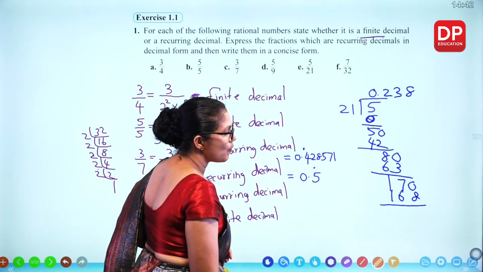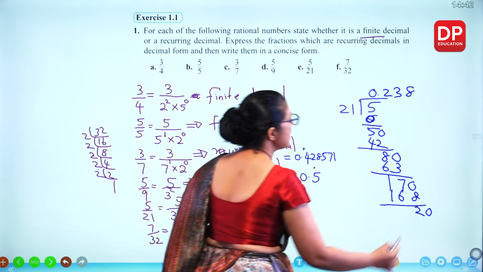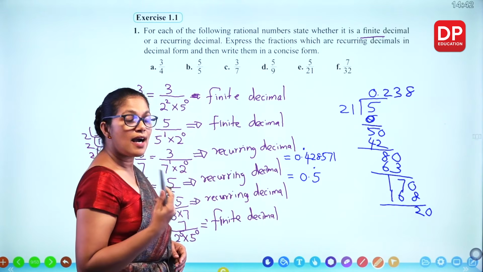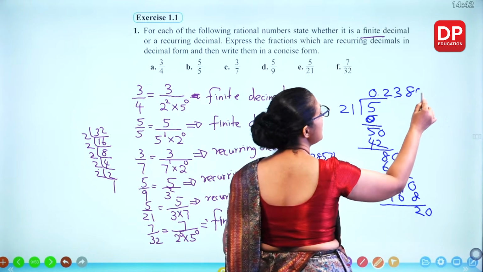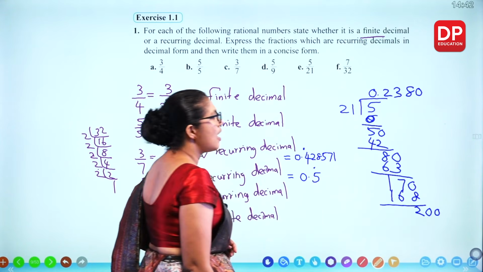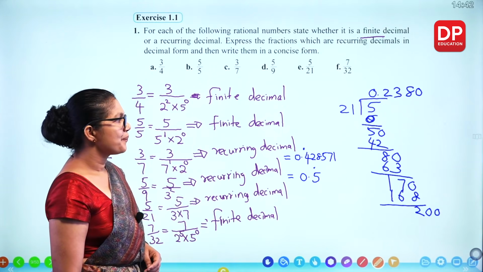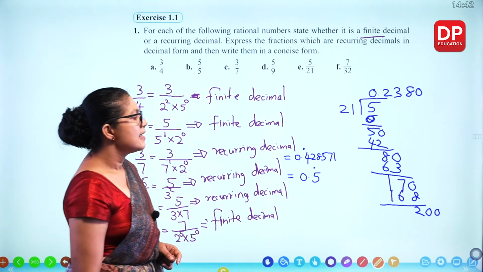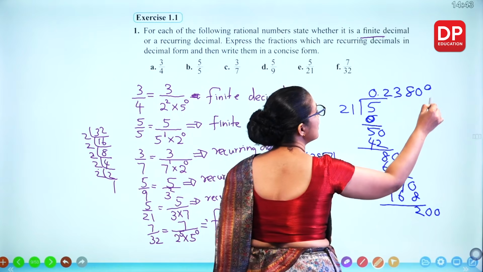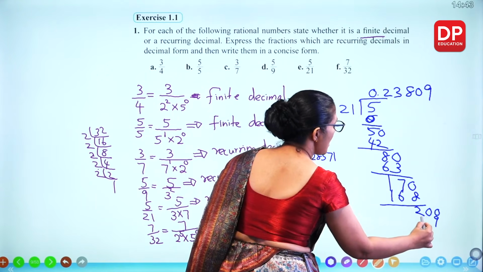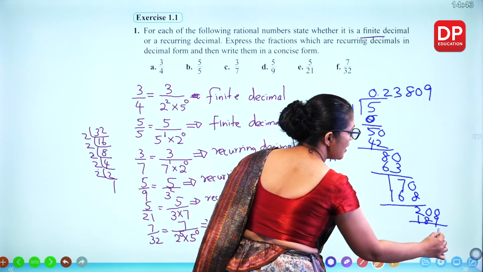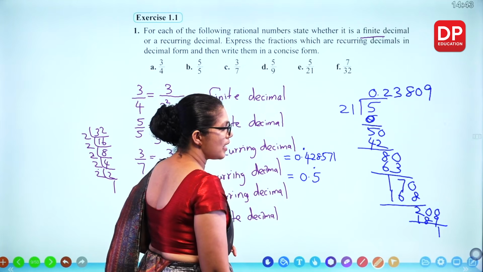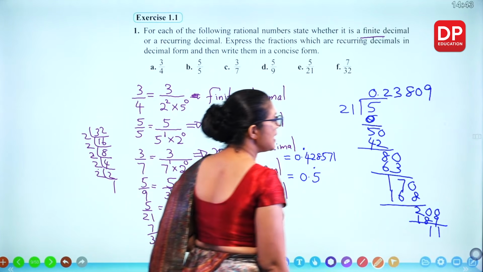So when you subtract, what you get? 20. For 20, are there any 21s? No, nothing. For 200, how many 21s are there? If you take 9, 9 times 1, 9. 9 times 2, 18. So here, what's the remaining part? You get 11.